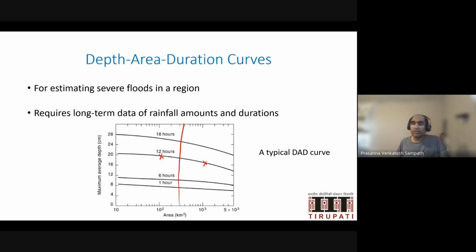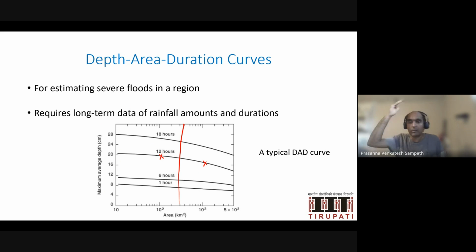It's possible that one particular year in 1 hour I get a lot of rainfall, in 12 hours I get very little rainfall, but over a long period of time, it's more likely that I'll get a lot of rain in 12 hours than in 1 hour, right? So it's probabilistically speaking, it makes sense to think of it that way.